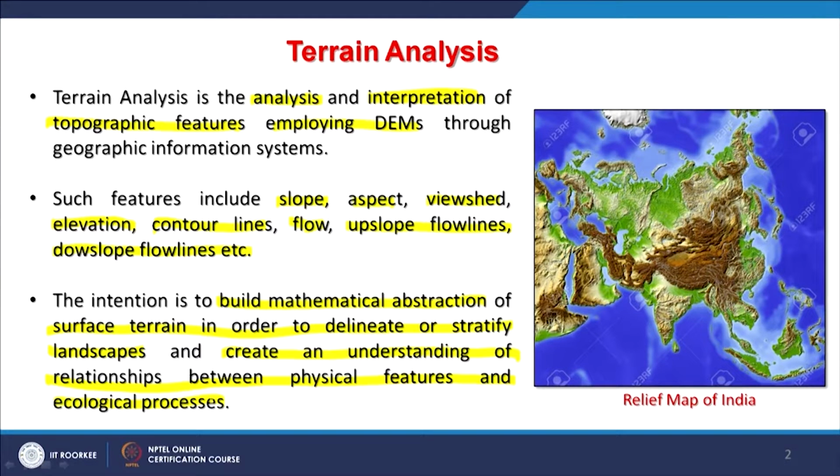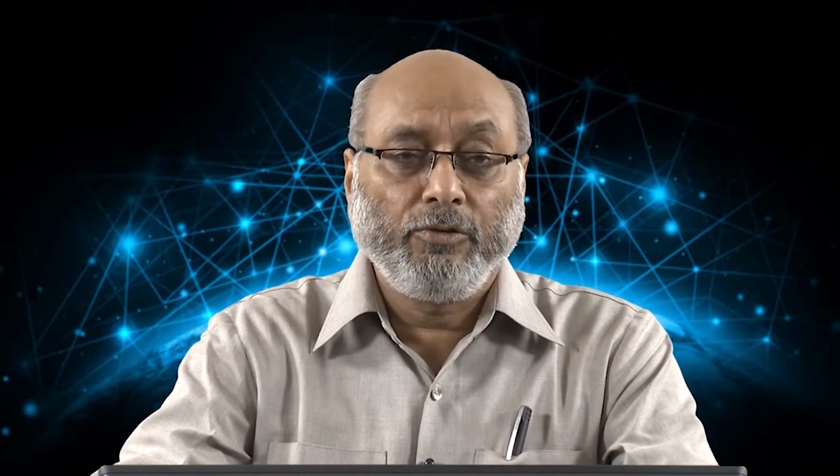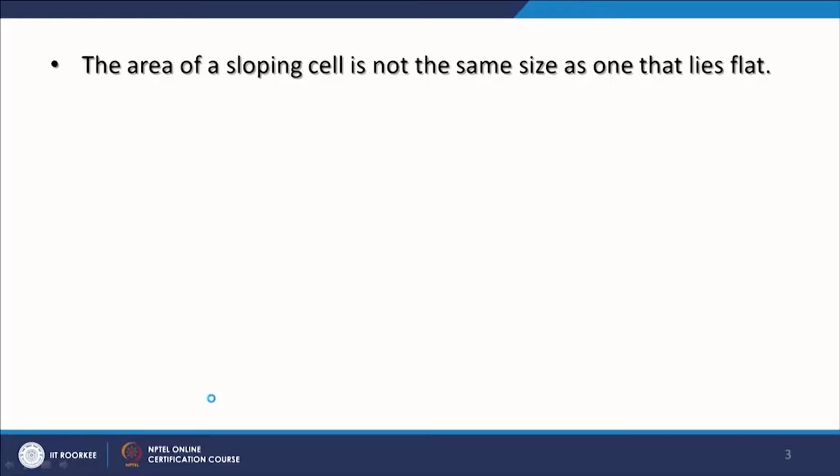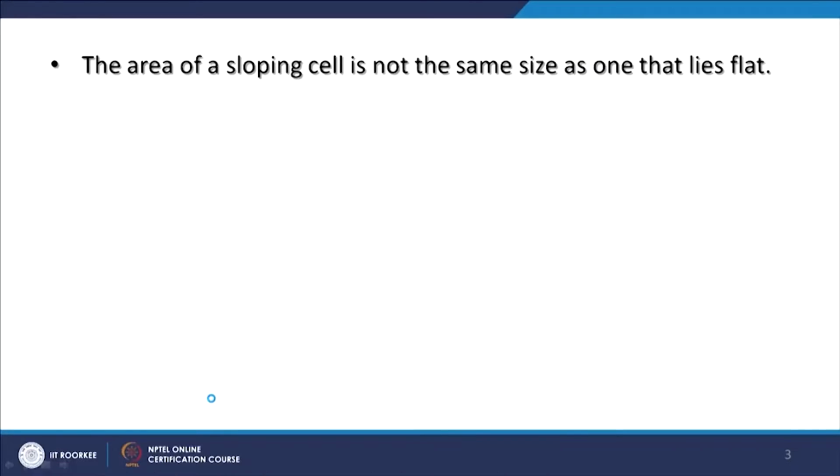So, not only are you doing a physical analysis, or physical features involved in your analysis, but ecological processes are also there. Now, as you know, the area of a sloping cell of a digital elevation model which has been used to create a slope map is not the same size as one that lies flat.